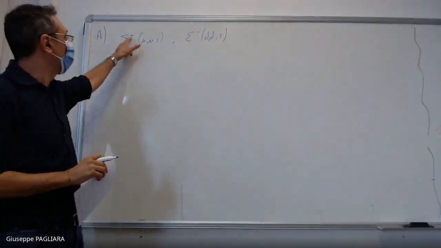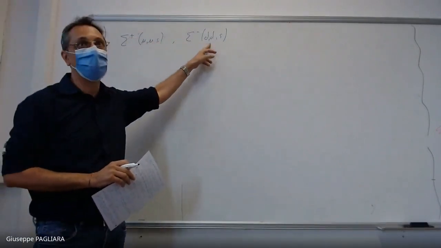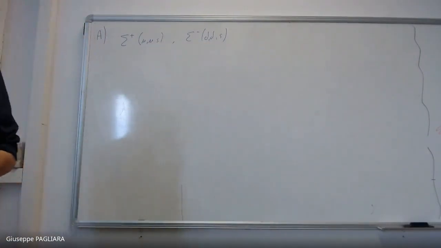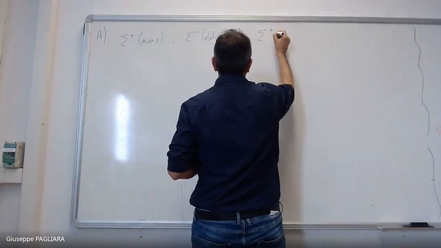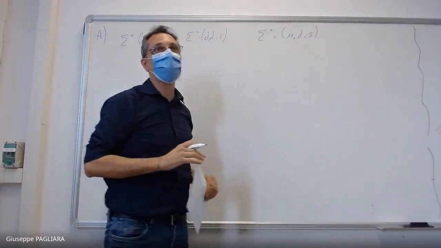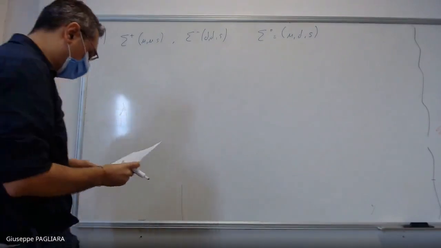So this explains why the charge is different, and also why the mass is different, because you know that the D quarks are slightly heavier than the up quarks. And together with the sigma 0, which is a UDS, they form an isospin triplet. You can check yourself in the hadron chapter.